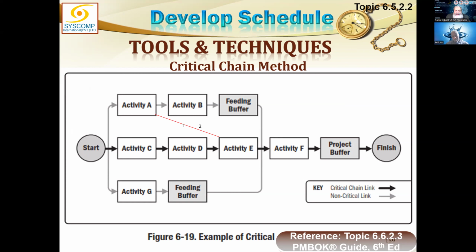We are making it mandatory that there must be at least 2 days advance notice for this person to be available for activity E. Now, I don't know when activity E is going to start. Maybe activity E is starting on the 15th day and activity A is ending on the 10th day.